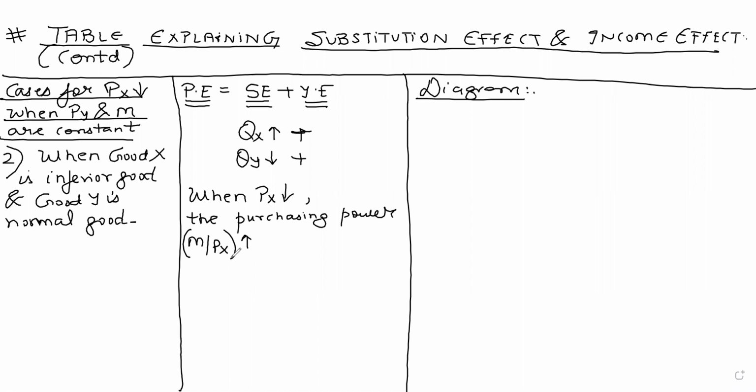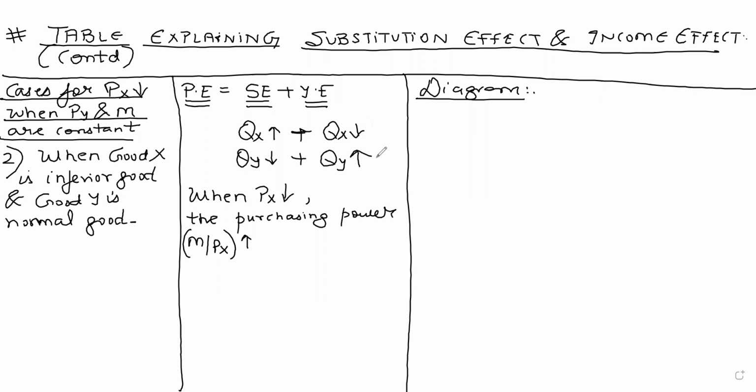Inferior goods have a negative relationship with income. Purchasing power is nothing but my real income. So, when my purchasing power has gone up, I will buy less of the inferior good. But since my purchasing power has gone up, I will buy more of the normal good, because good Y is my normal good.